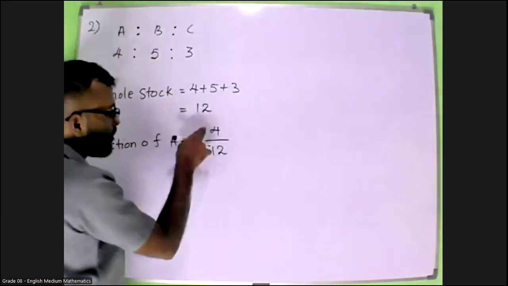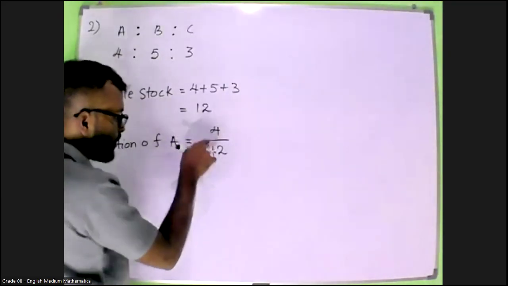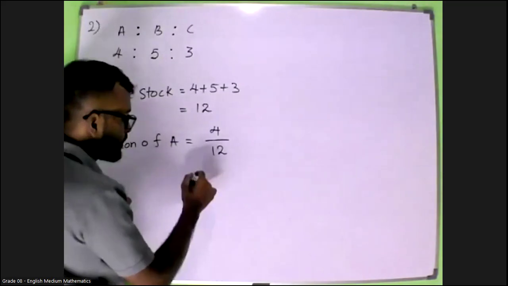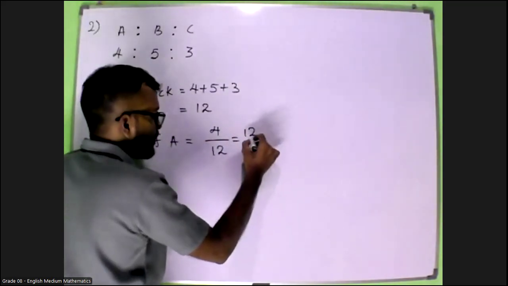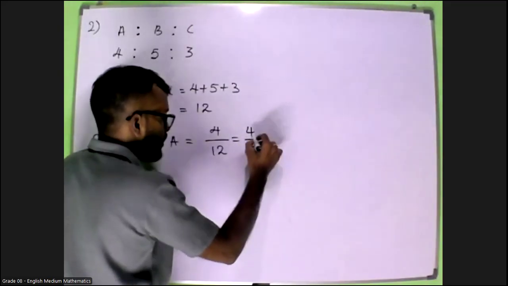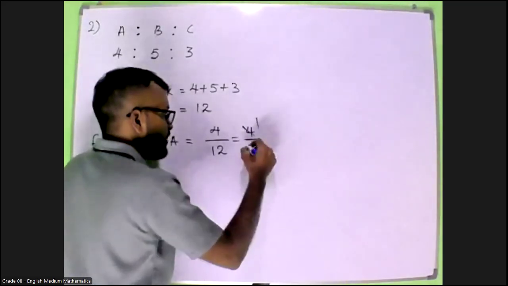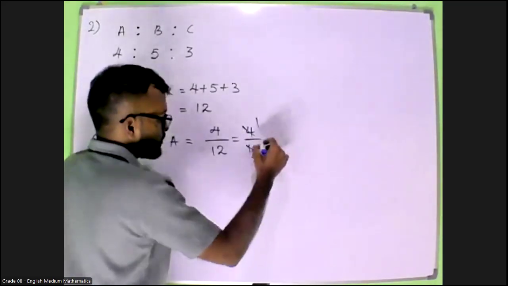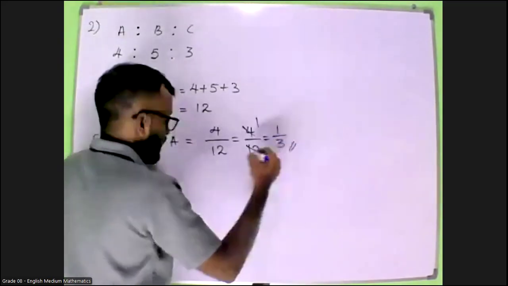Yes. 4 and 12 can be simplified by 4, multiples of 4. So I will write this again, then you can understand. 4 divided by 12. 4 times 1, 4 times 3. Final answer is 1 upon 3.